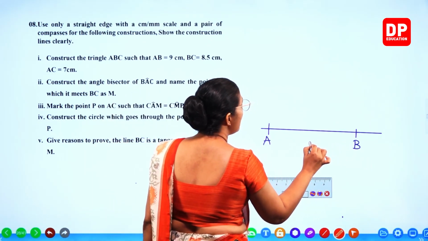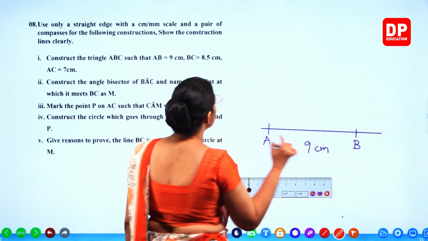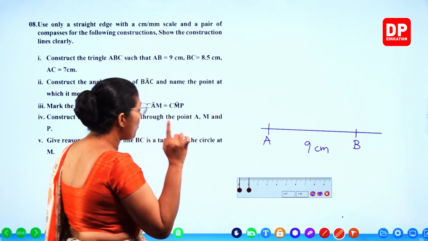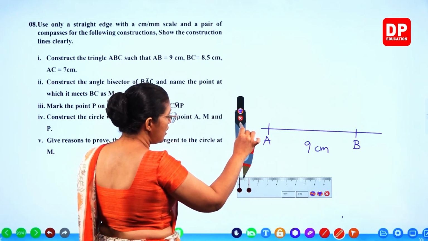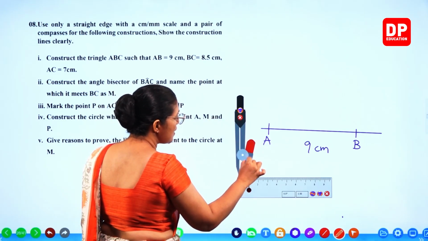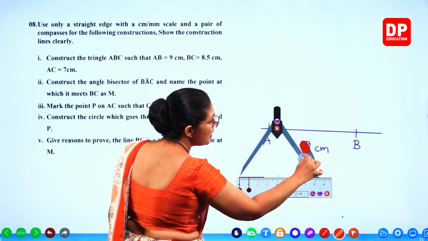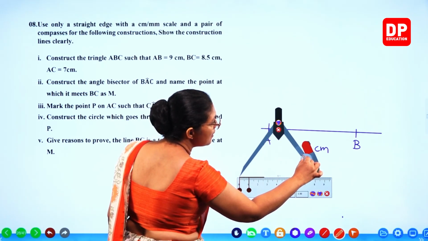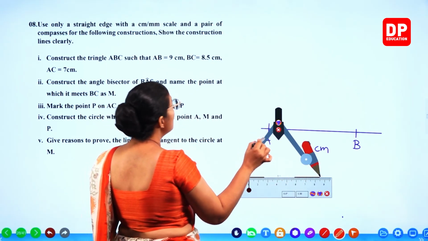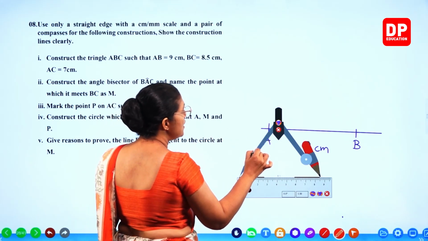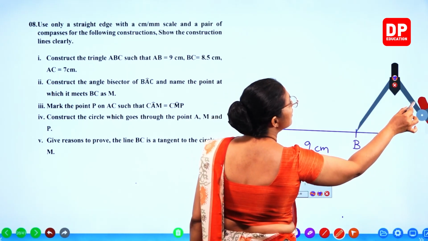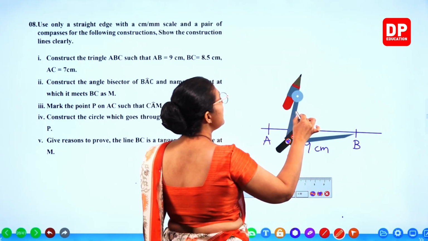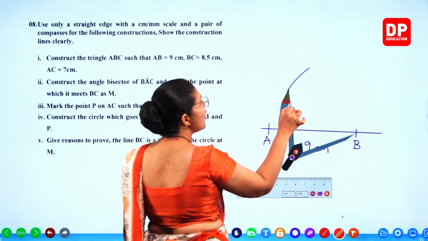That's 9 centimeters. Then it says BC is 8.5. Now take the compass again and measure 8.5 centimeters now. 8.5 is here. So what's that? BC. So that means from B, you have to mark the arc with the length 8.5. So let's mark somewhere here.